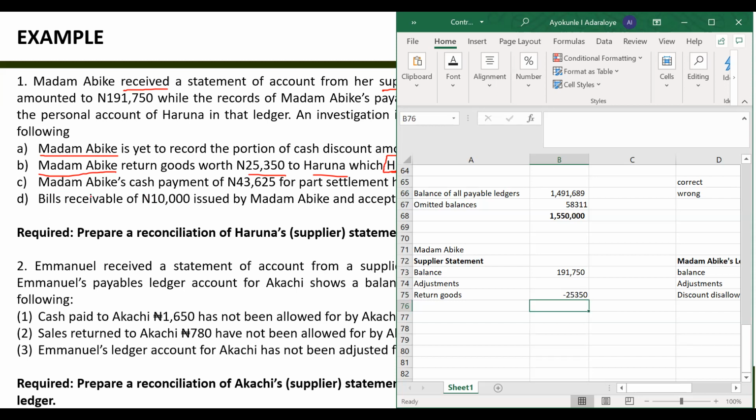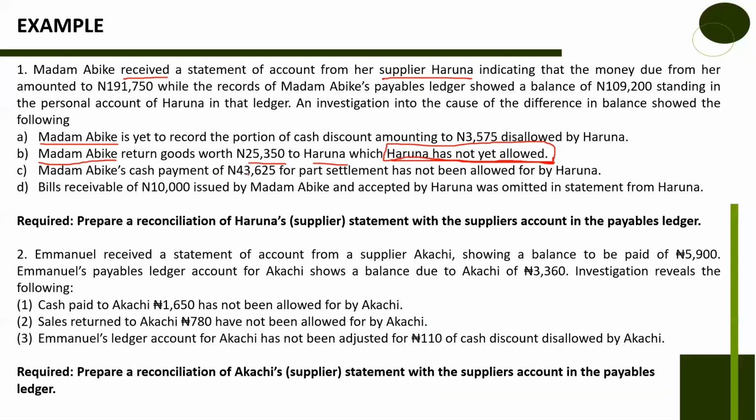Let's go back to the question. Madam Abike's cash payment of 43,625 for part settlement has not been allowed by Aruna. Which statement are we adjusting from? Aruna's part or Madam Abike's part? Let's start from there.